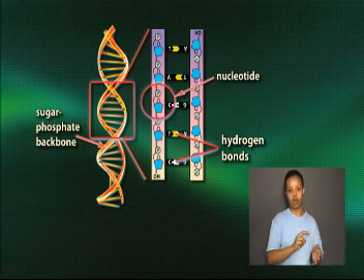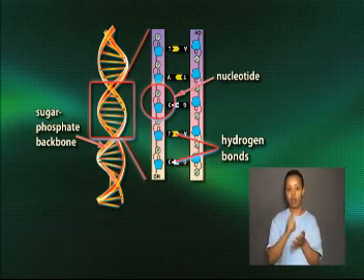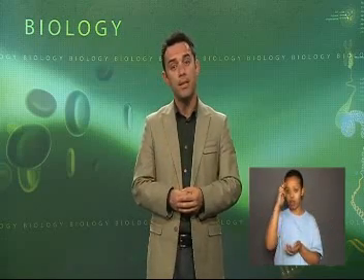The bonds that hold the nucleotides together in each strand are much stronger than the hydrogen bonds. This is very important because the stability of the DNA molecule is critical in ensuring that the genetic coding which it contains does not become corrupted.